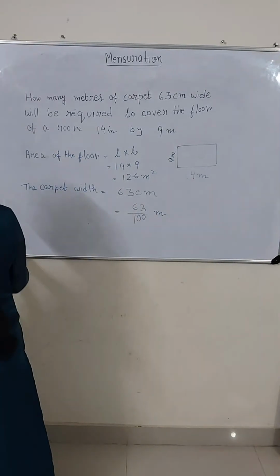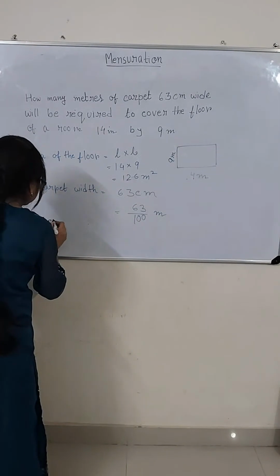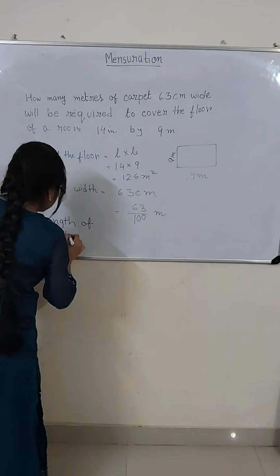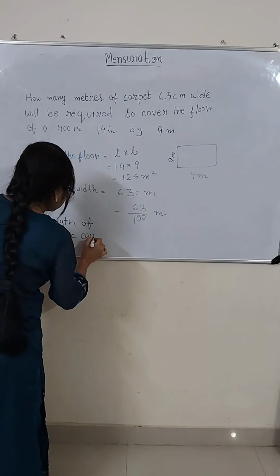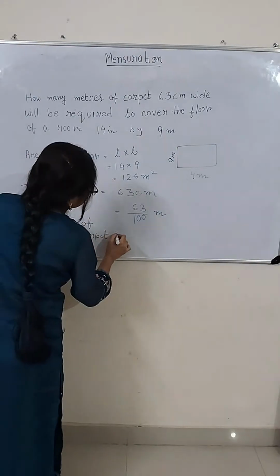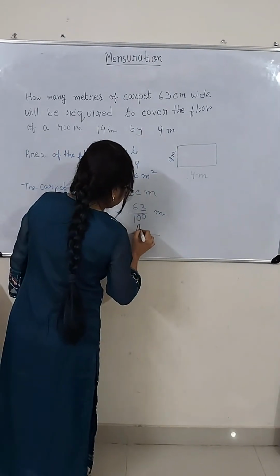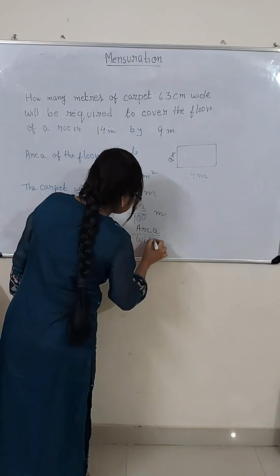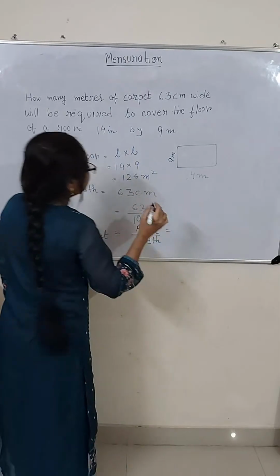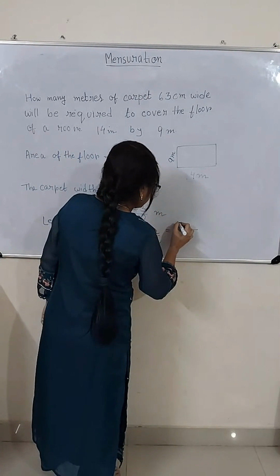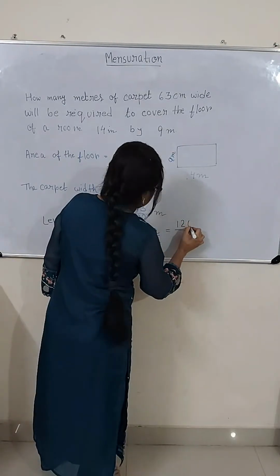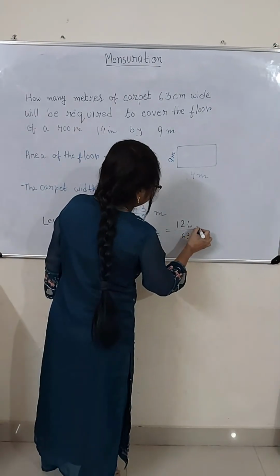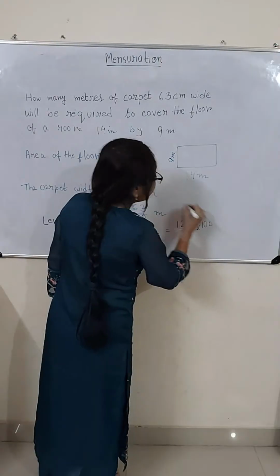Now, the last formula: length of the carpet is area by width. What's the area? 126. Width is 63 by 100. Why 100?